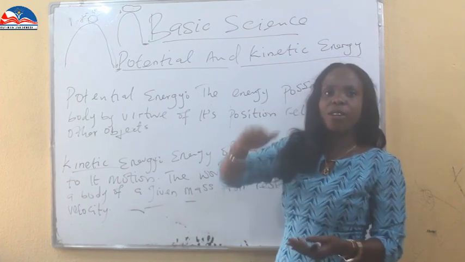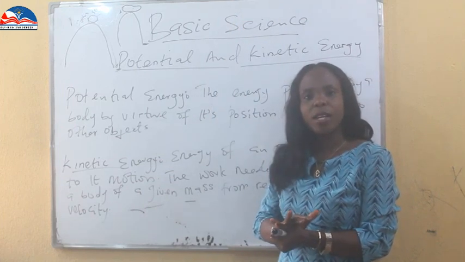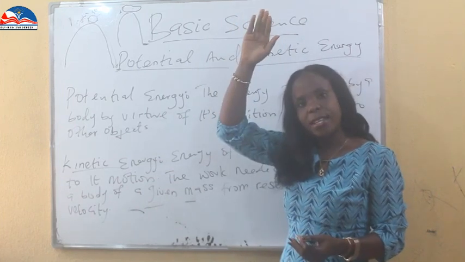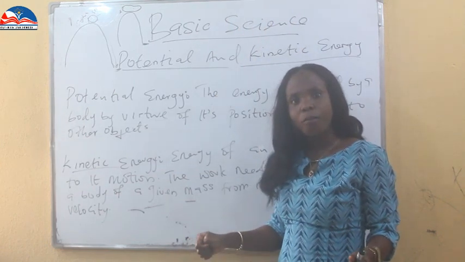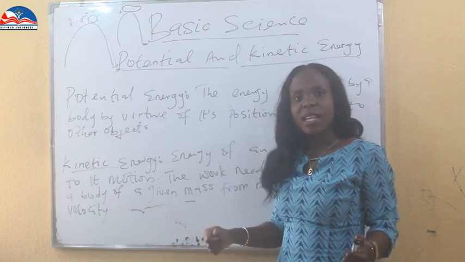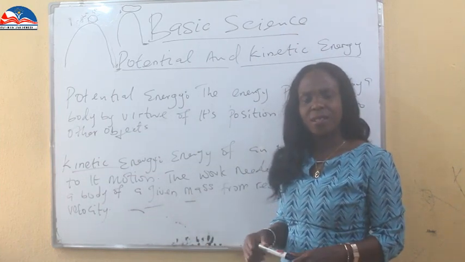The body will be put on a height. And so when it is pushed from that height to where it will fall, that force that pulls it down to where it falls is the energy.